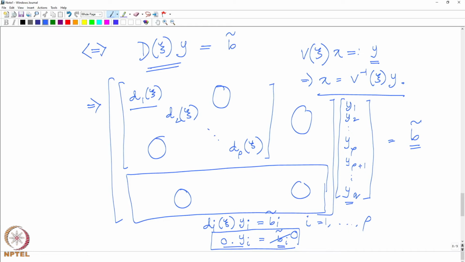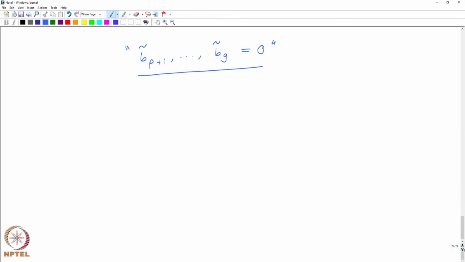It is also important for us to figure out that the other equations are solvable, and they are. We have seen in the last few lectures that scalar equations like d1(ξ)y1 equals b1 tilde are solvable for all b1 tilde.